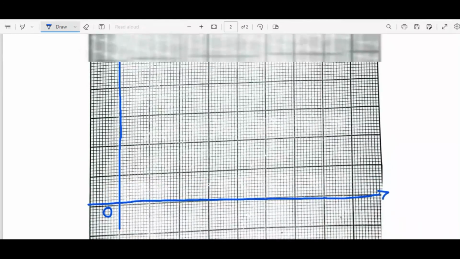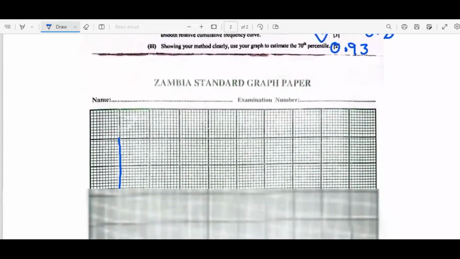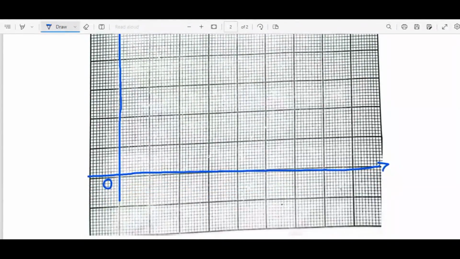So let's go back to, so we are told 2 centimeters to represent 10 units on the horizontal, which is the x-axis. So it means every 2 centimeters we need to add 10 units.